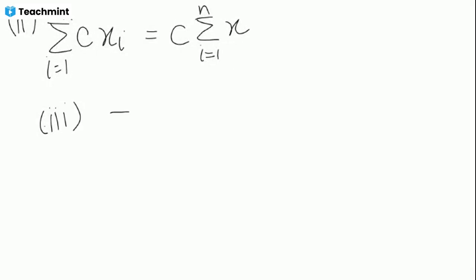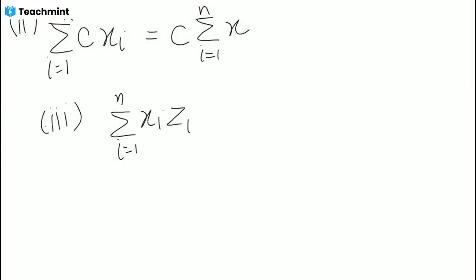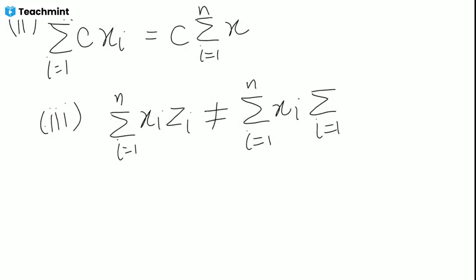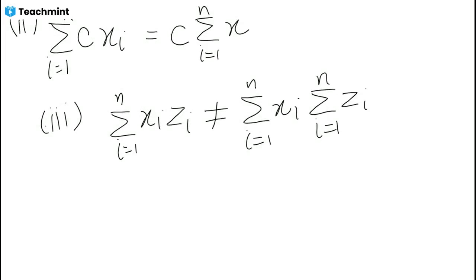When we have the product summation i is equal to 1 up to n of xi into zi, this will not equal summation i is equal to 1 to n of xi times summation i is equal to 1 to n of zi. We can verify this by using values.